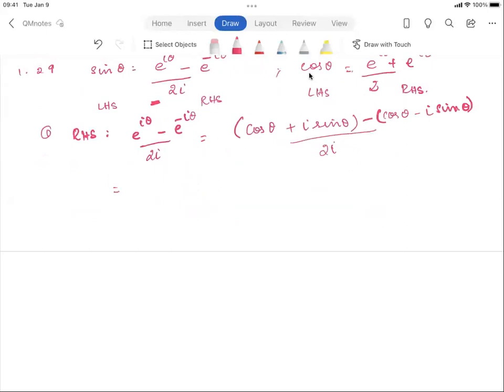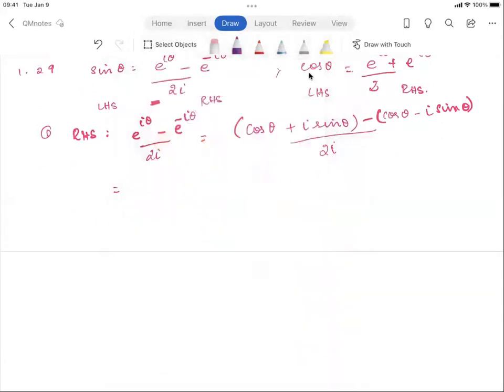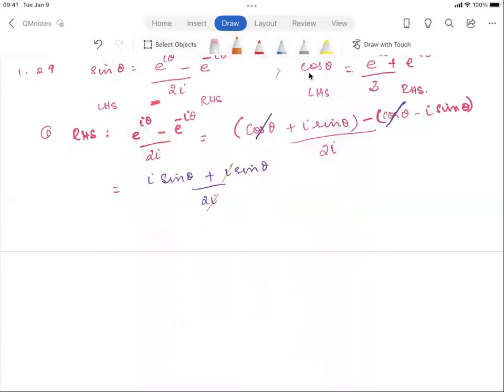So we're going to have cos theta minus cos theta gets canceled. And we have i sine theta, minus of minus becomes plus i sine theta, divided by 2i. Now I'm going to cancel out i from everywhere.